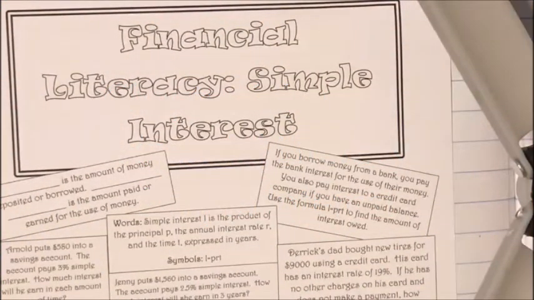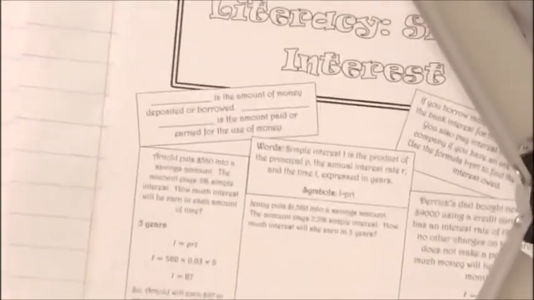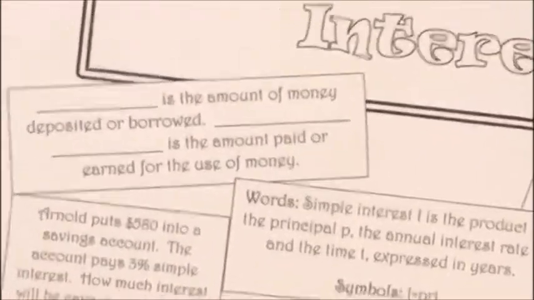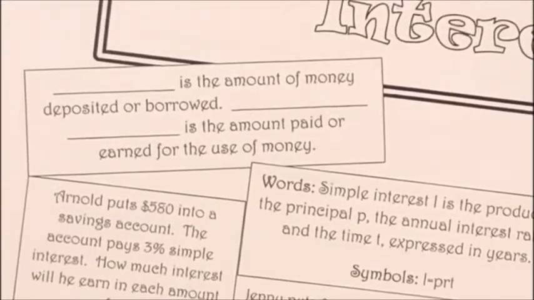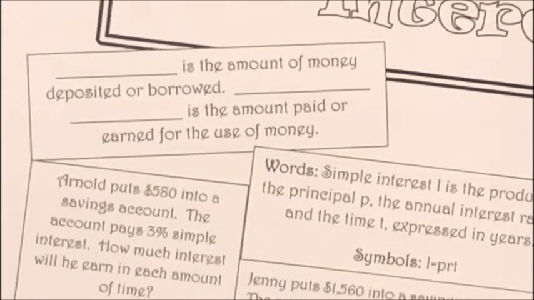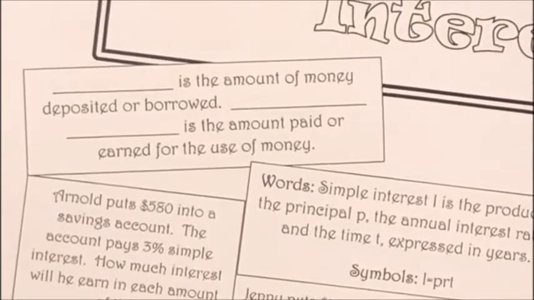All right, this is Chapter 2, Lesson 9, Financial Literacy: Simple Interest. In this first box, it says blank is the amount of money deposited or borrowed. Blank is the amount paid or earned for the use of money. In the first box, you're going to write principal.